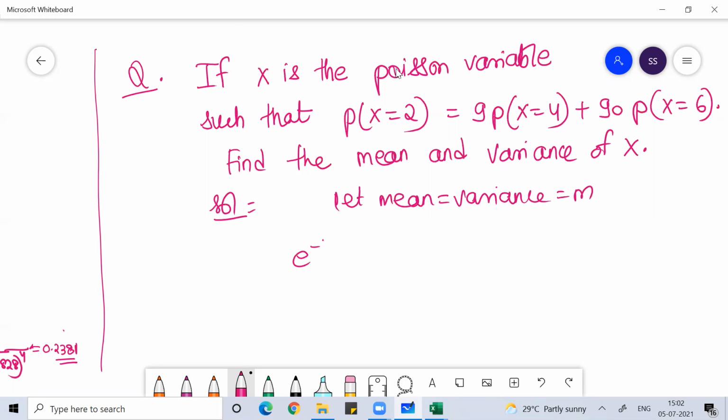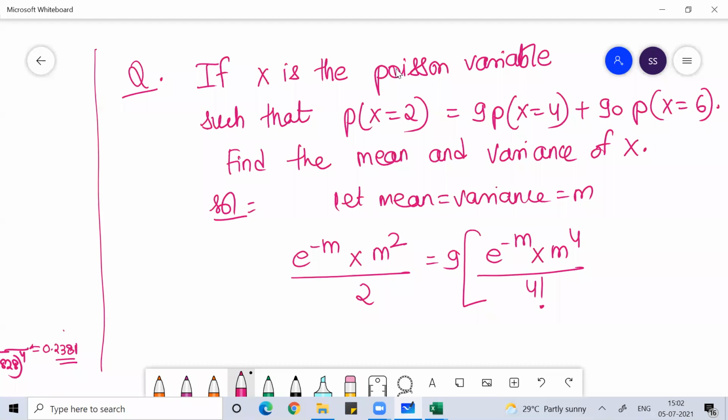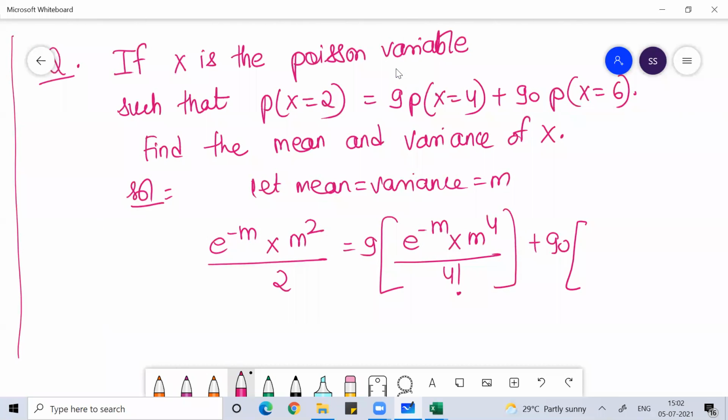So if I write the equation: e to the power minus m into m to the power r by r factorial, that is equal to 9 into e to the power minus m into m to the power 4 by 4 factorial plus 90 into e to the power minus m into m to the power 6 divided by 6 factorial.